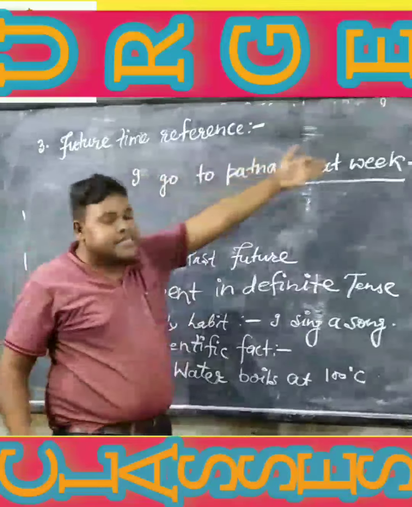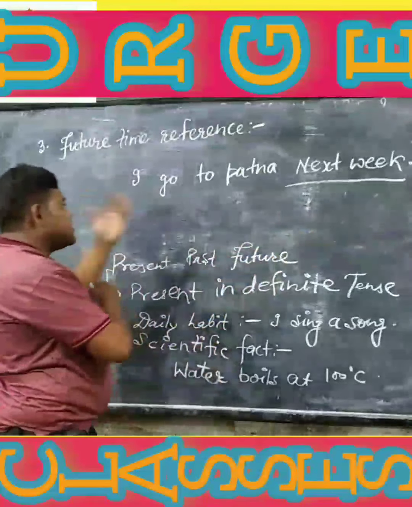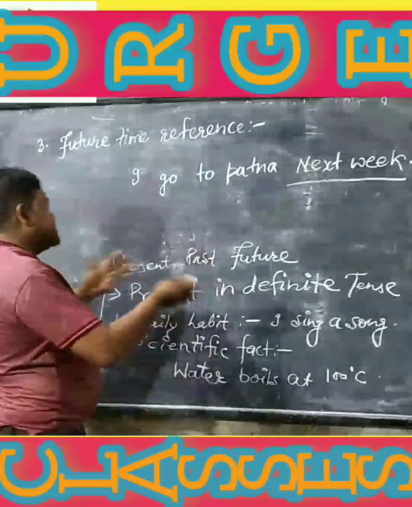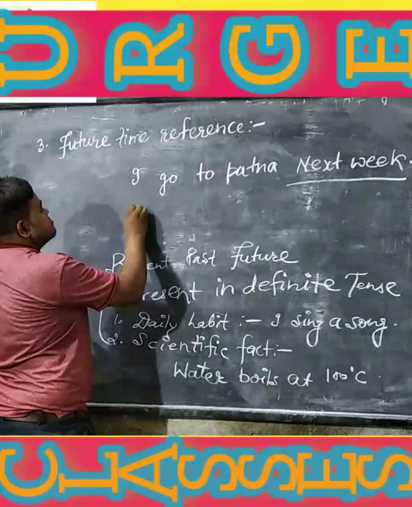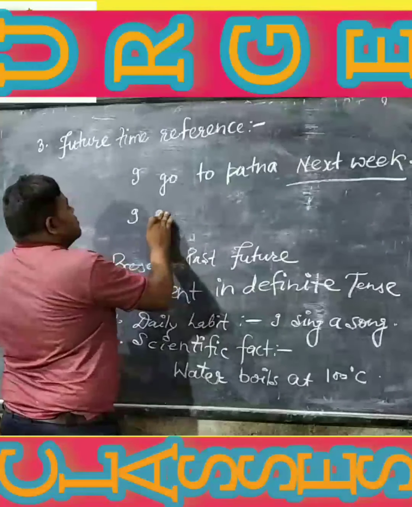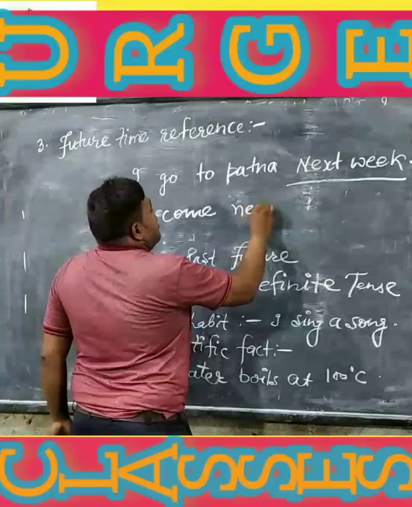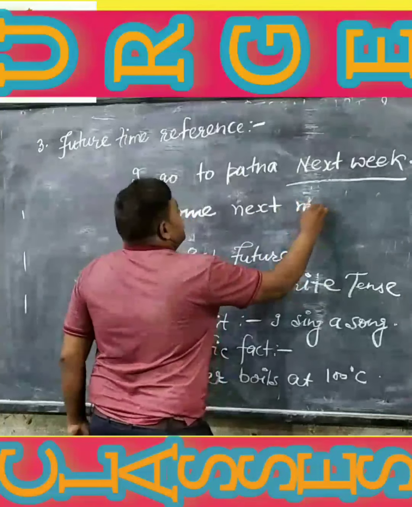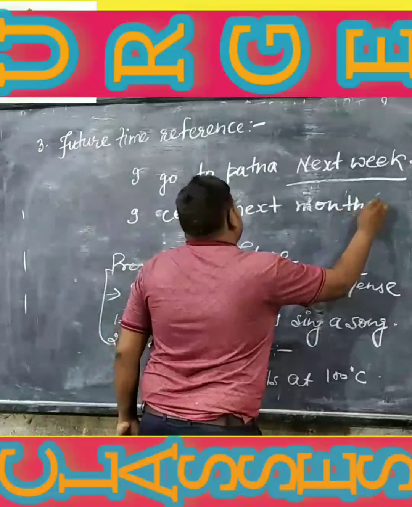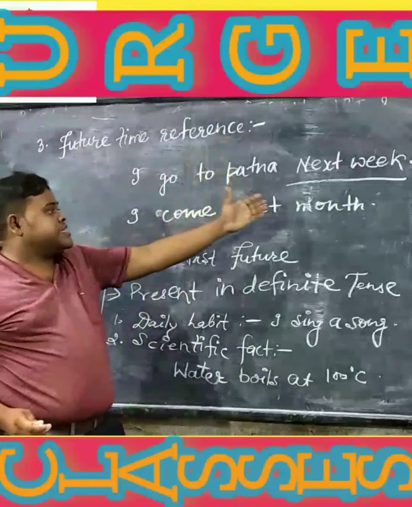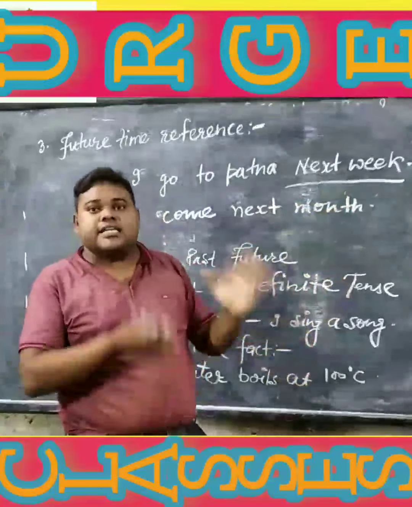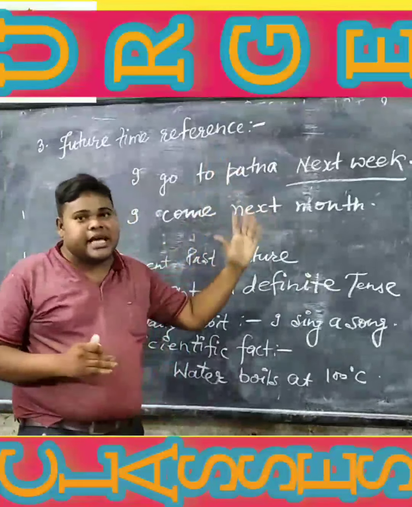In this way, we are getting the reference of future tense. Now, some more examples here. These are some of the examples by which we understand that this is the future time reference.